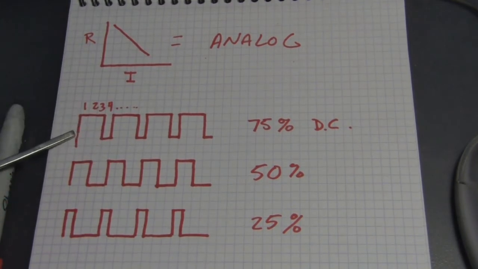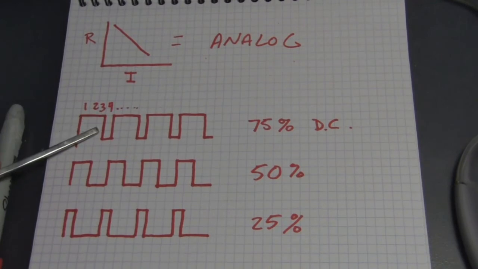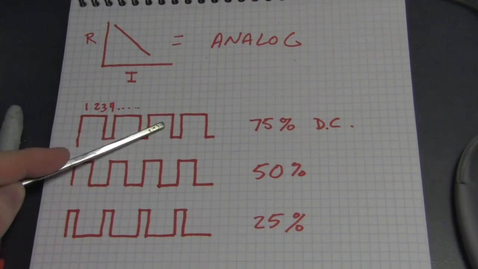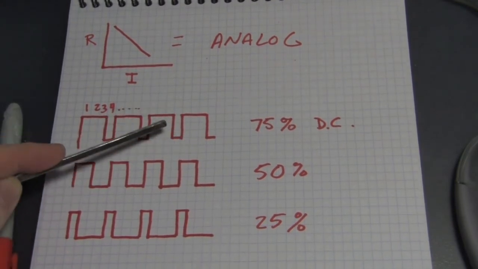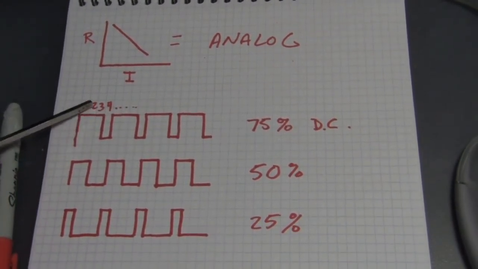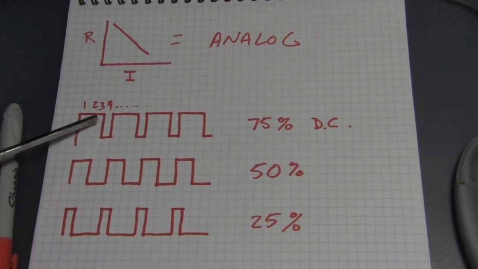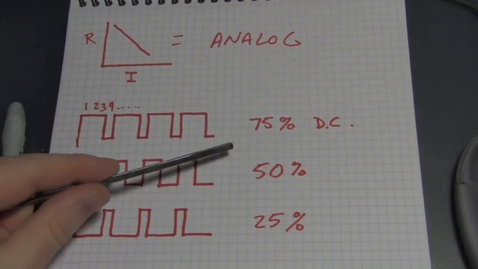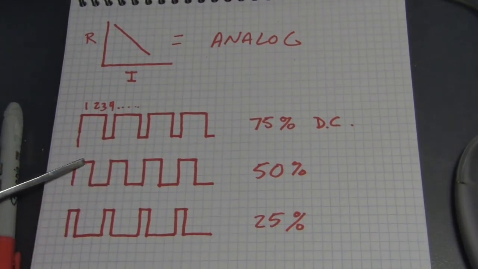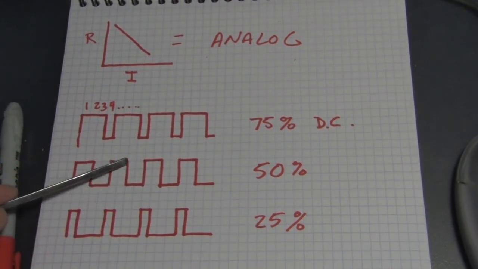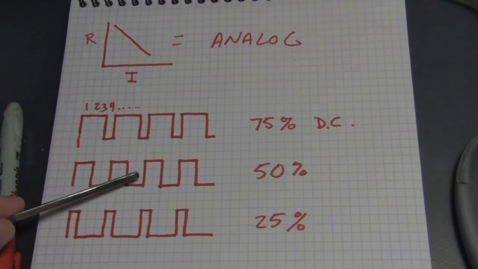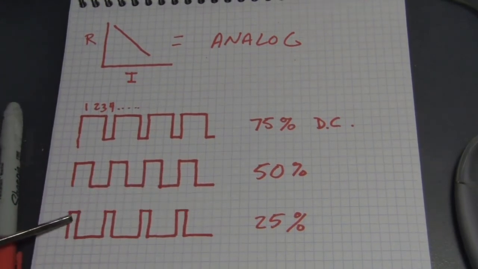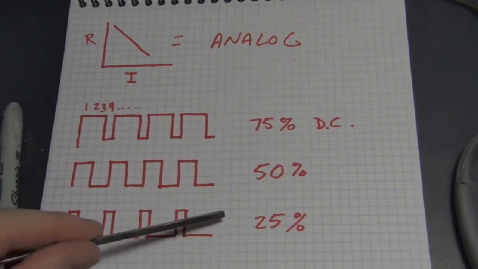So this sketch here shows an on pulse followed by a short off pulse, on pulse, on, off. Now, in my little sketch here, each full cycle is 4 squares on this graph paper, so this would be a 75% duty cycle. Here we see the LED would only be activated half the time, 2 squares out of 4, 50%, and here 1 square out of 4 for 25%.